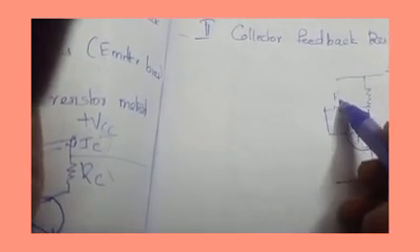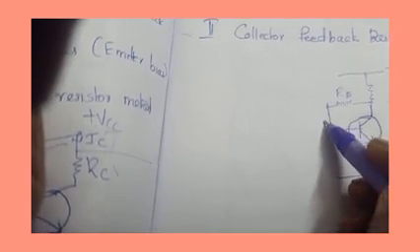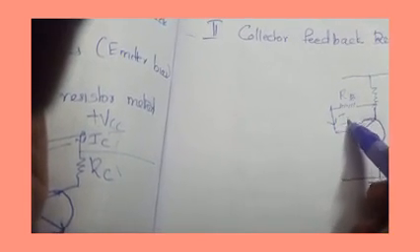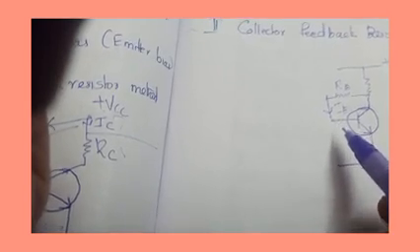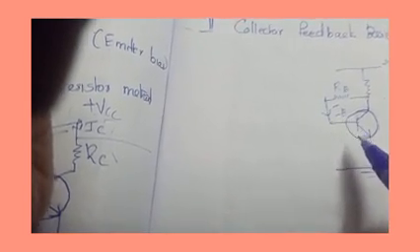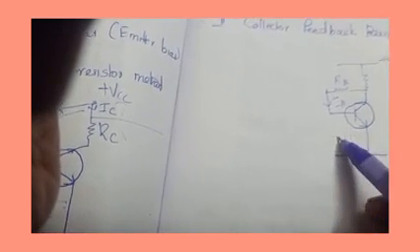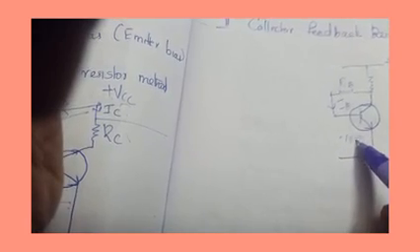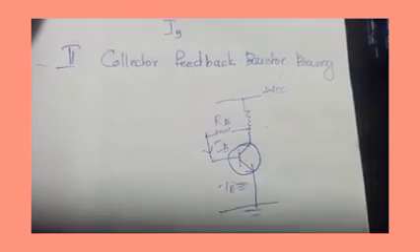This is RB, and this is the base current, and this much voltage is the VBE, that is the base emitter voltage.